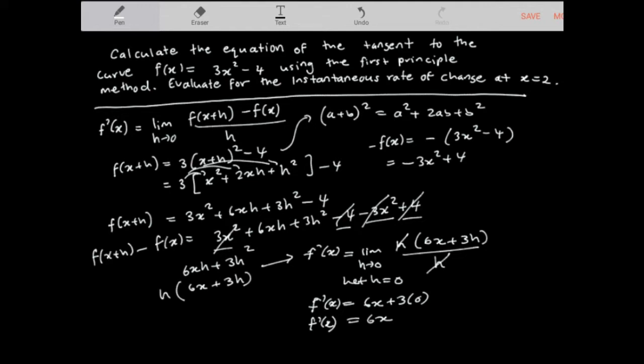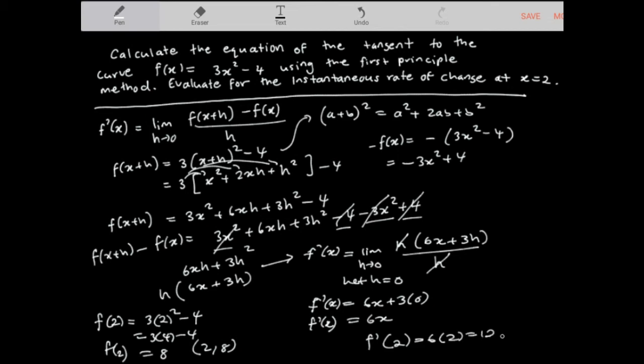If you wanted to figure out the instantaneous rate of change at x equals 2, first the point is f of 2, which is 3 times 2 squared minus 4. That's 3 times 4 minus 4, which is 8. So f of 2 is 8, and the point here is (2, 8). At this point, the slope of the tangent, or the instantaneous rate of change, f prime of 2, is 6 times 2, which is 12. So the instantaneous rate of change at x equals 2 is 12.